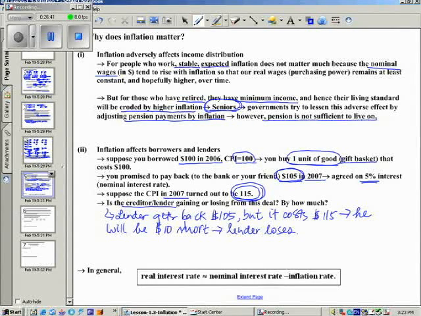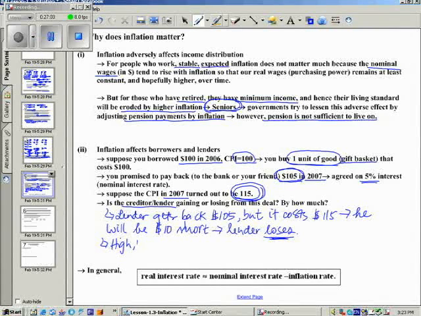Why would this be bad for reputation? Because we may be able to gain at the lender's expense this time. But if we want to borrow in the future, chances are the lender or other lenders would now be asking for a much higher interest rate because they were deceived the year before.